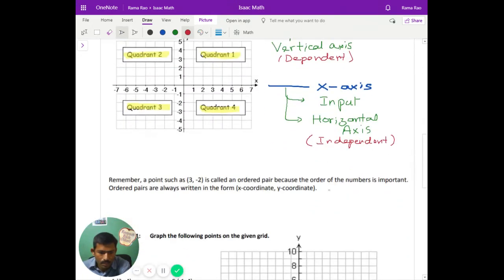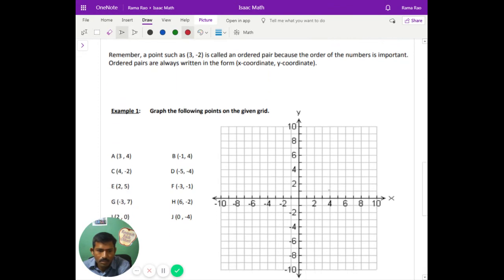So for example, let's look at the point (3, -2). So 3 is the x and the y is -2. What does that mean? If I want to plot this point, I always start from 0. Eyes on the screen, guys. Just carefully pay attention. Always start from 0. From there, first x is 3, so I go 3 units to the right.